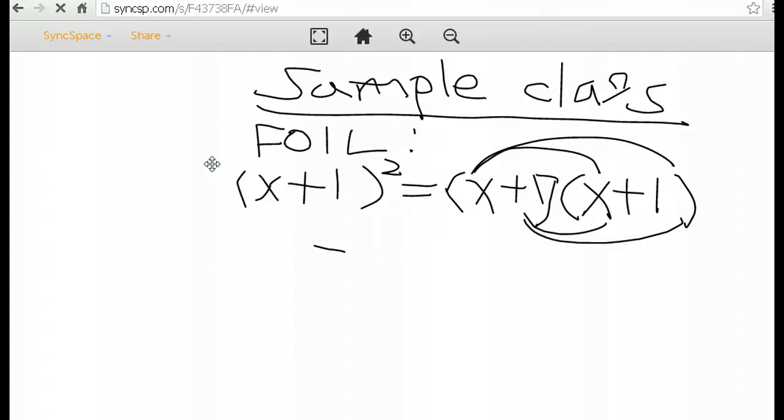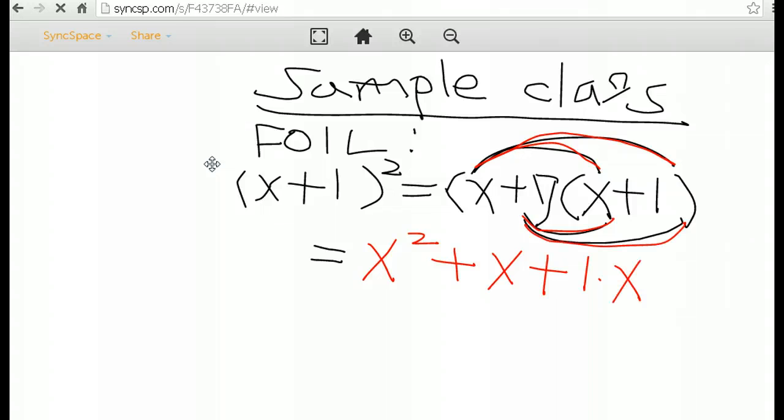So x first, x squared, and the second one, x multiplied by 1 is x, and 1 multiplied by x, 1x is x, and the last one, 1 multiplied by 1 is 1, yes? And these are similar terms.